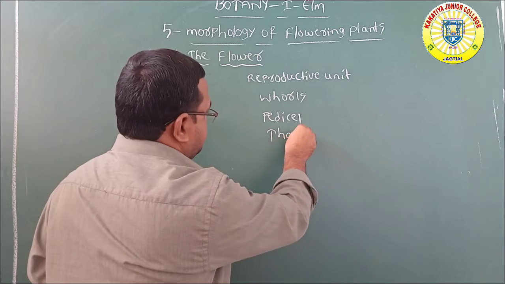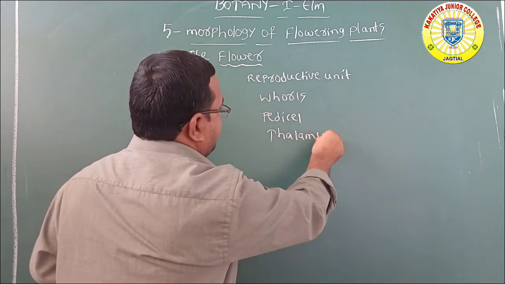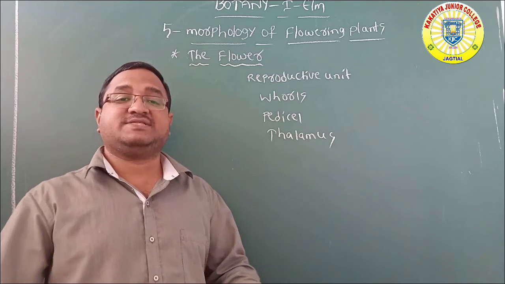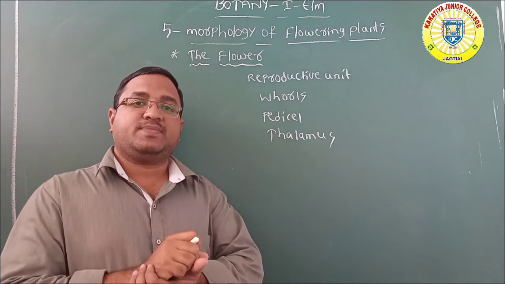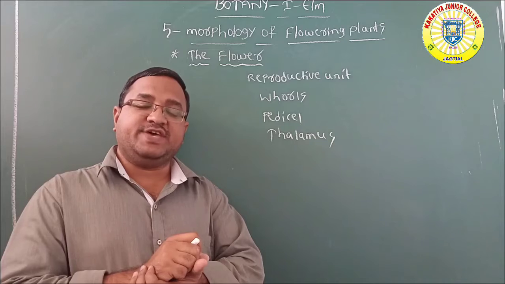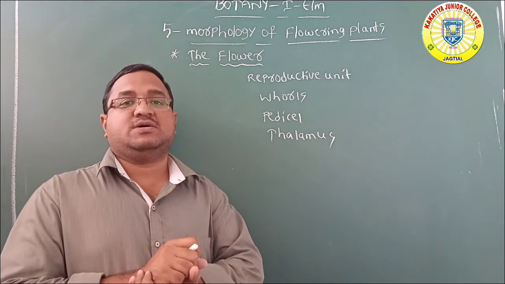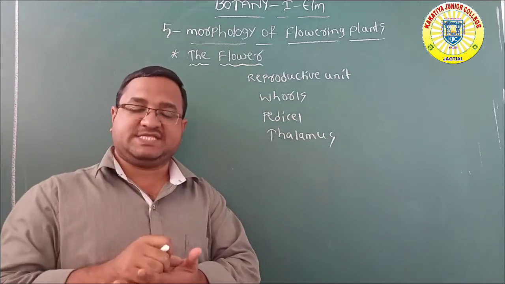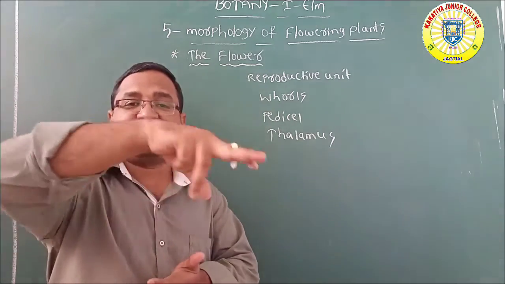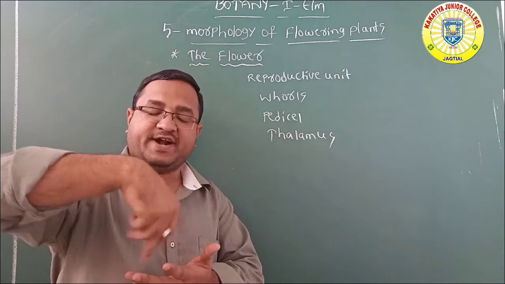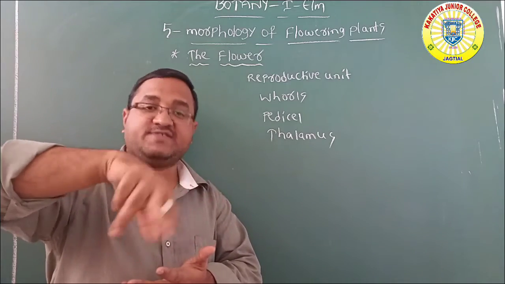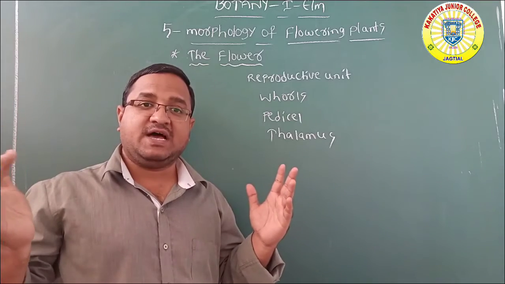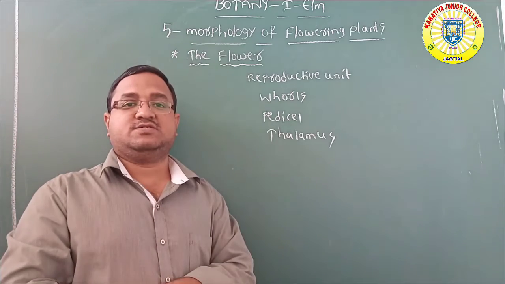Thalamus is the swollen part of the stalk, meaning the pedicel. On the thalamus, four different whorls are there, meaning four circles, and the floral parts are arranged in these four circles.